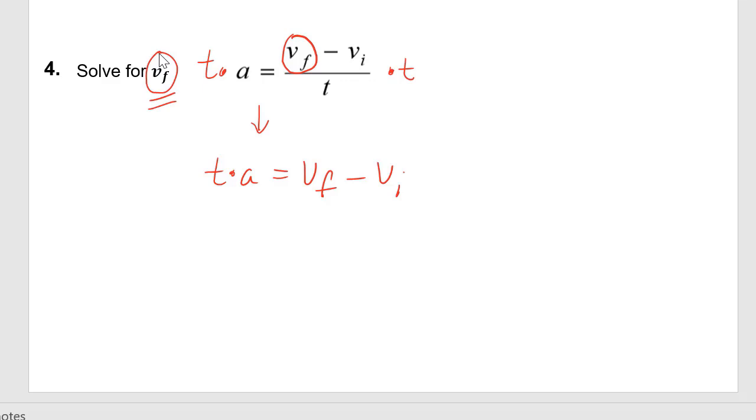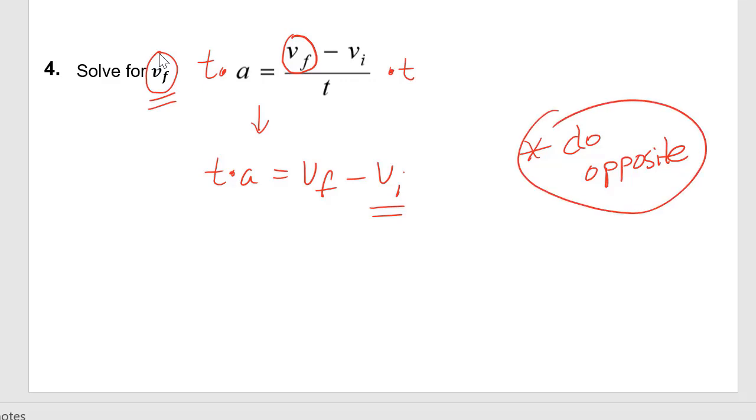So we need to get rid of the vi here. It's really minus vi, so again, we're going to do the opposite. So the opposite of subtracting vi is to add vi to both sides. And so we get 0 on this side, and then we have vf by itself. On the left side here we have t times a, or a times t, plus vi.